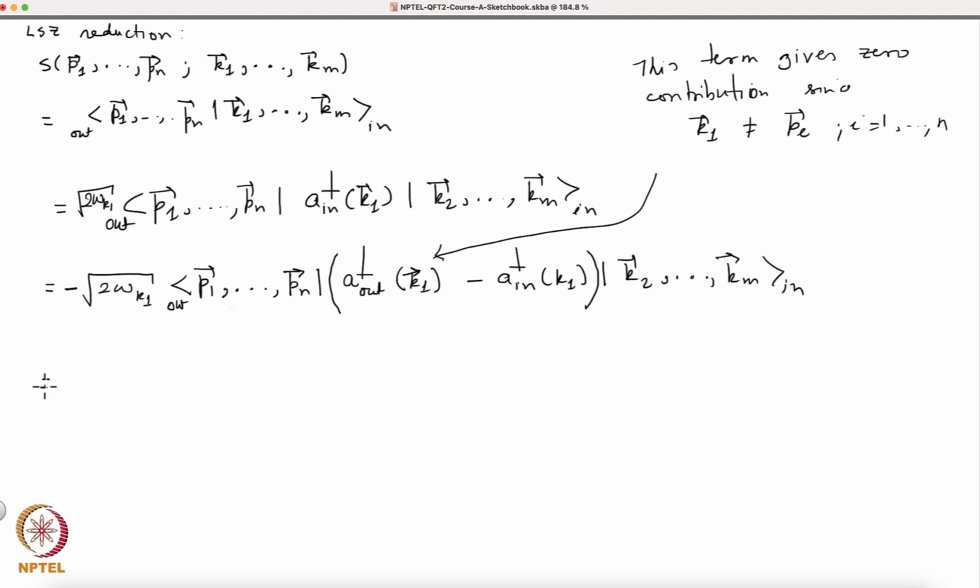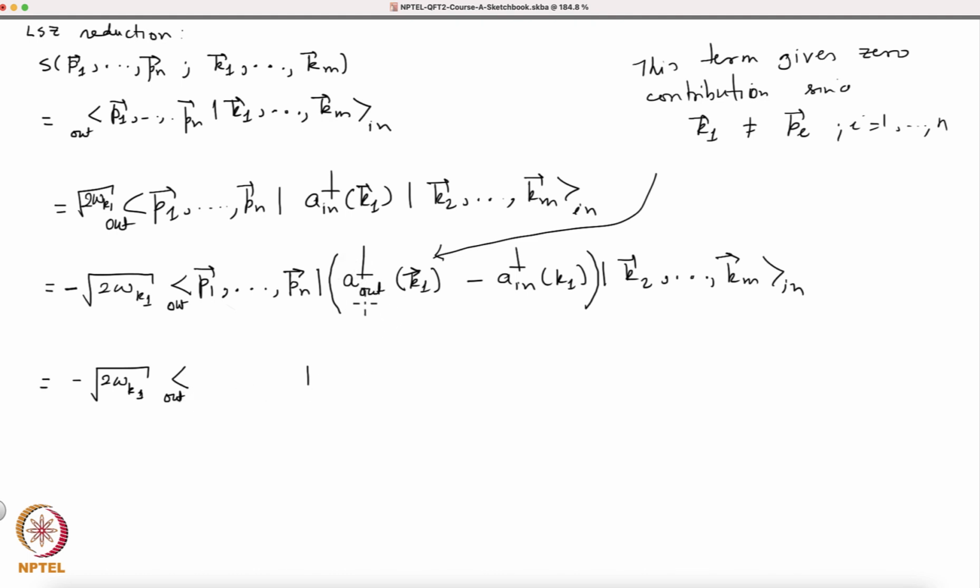So you have this. I will write as minus 2 omega K1, and then you have this out state here. I will just drop the labels for now, it's tiring to write.